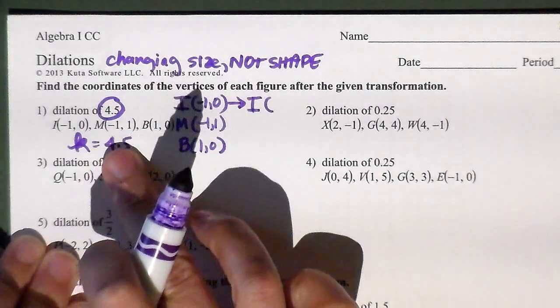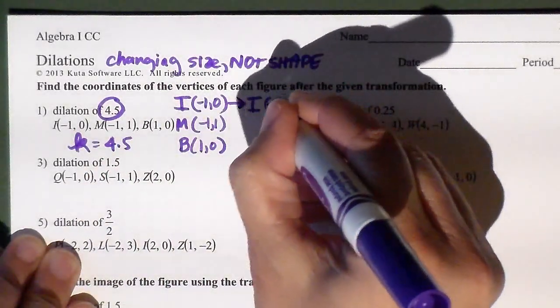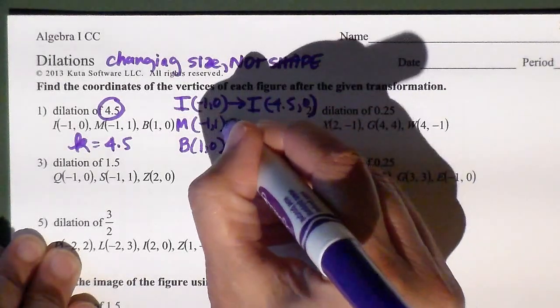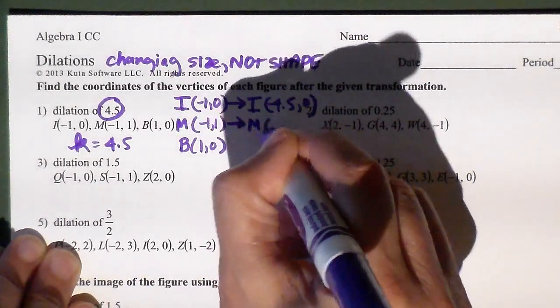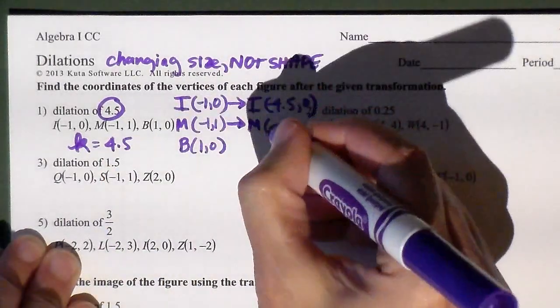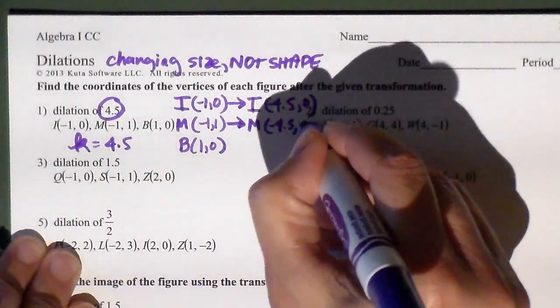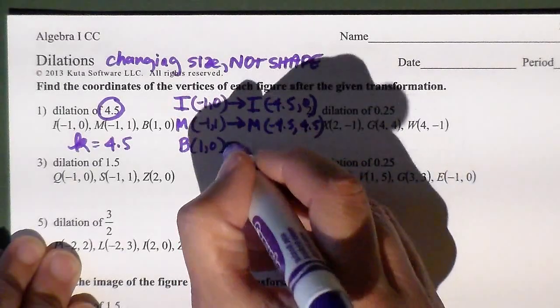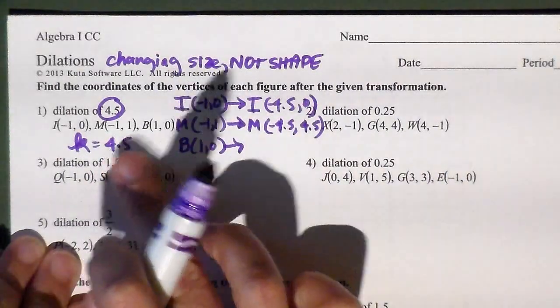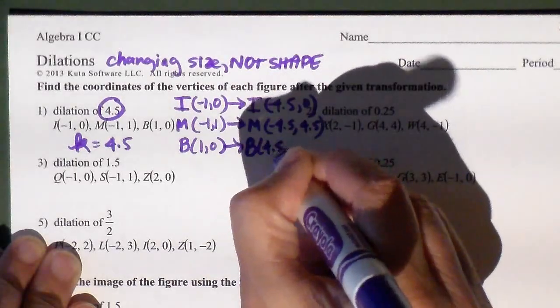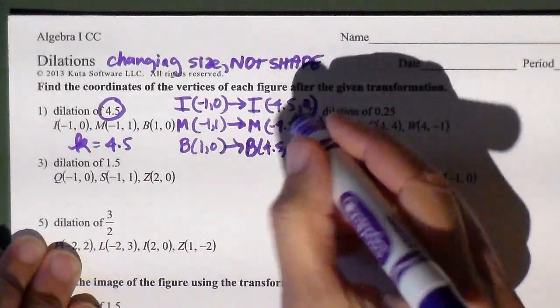Okay, 4.5 times -1 is -4.5, and 4.5 times 0 is 0. For M, 4.5 times -1 is -4.5, 4.5 times 1 is 4.5. And for B, 4.5 times 1 is 4.5, and 4.5 times 0 is 0.